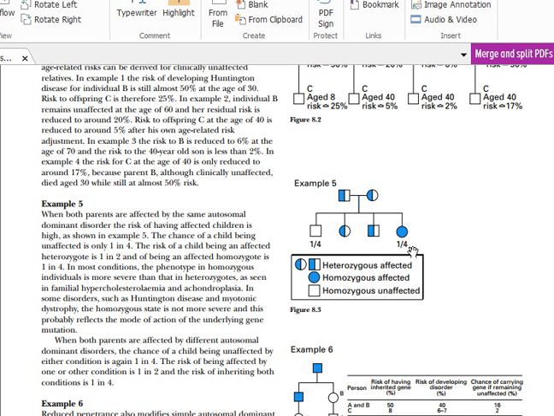Now the next thing is that, since you are talking about heterozygous and affected, you first have the probability of being affected and you have the probability for you to be heterozygous. So here, what is the probability for them to be carriers or heterozygous? It is 2 in 4, or half, so 2/4.